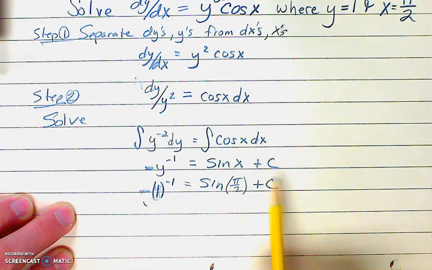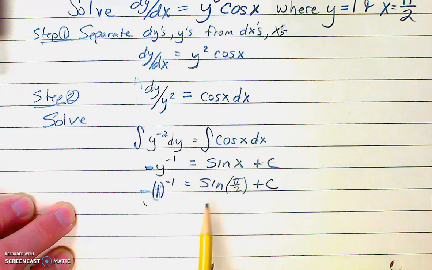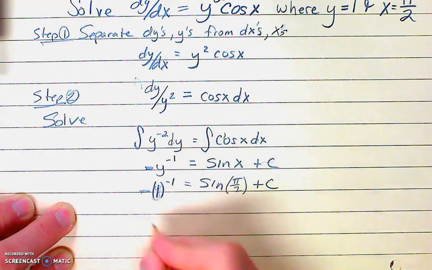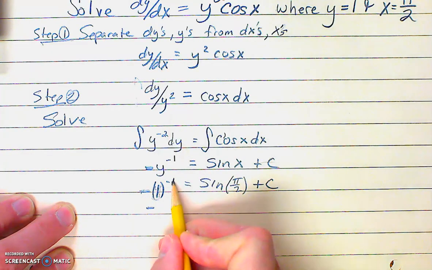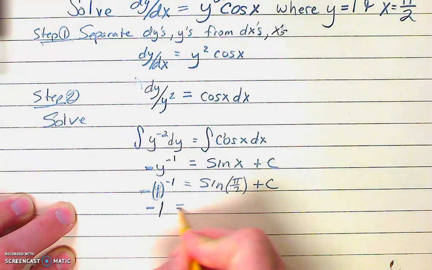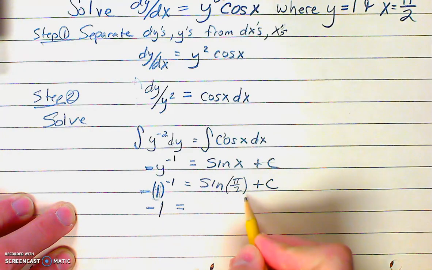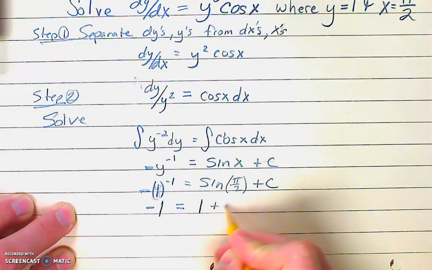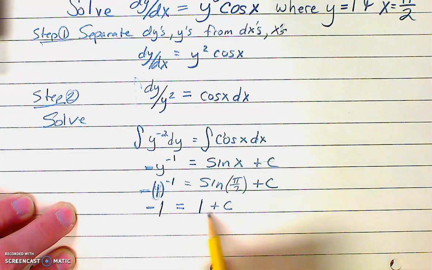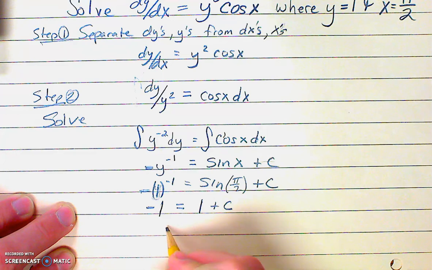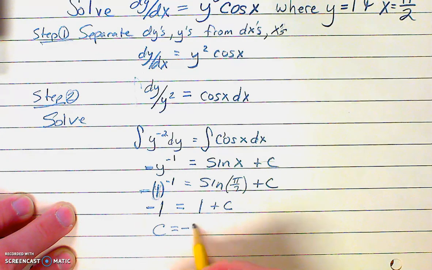Because we want to find c, we want to find the exact solution to this. Not this whole family, but the exact solution. So negative 1 to the negative first is just negative 1 equals sine of pi over 2, which is 1, plus c. In order to solve this, you'd subtract 1 from both sides. You'd end up getting negative 2 over here, so c equals negative 2.